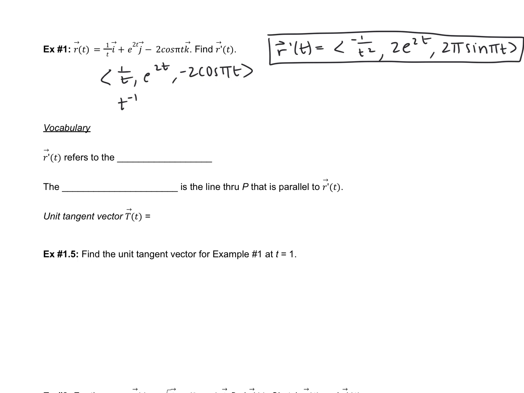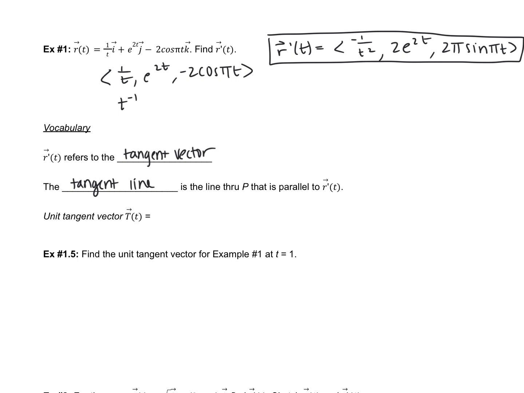Okay, so let's move on, or let's add on a little bit to the vocabulary. R prime of t refers to what we call the tangent vector. The tangent line, then, is the line that is through P, through some point, and that is parallel to our tangent vector.